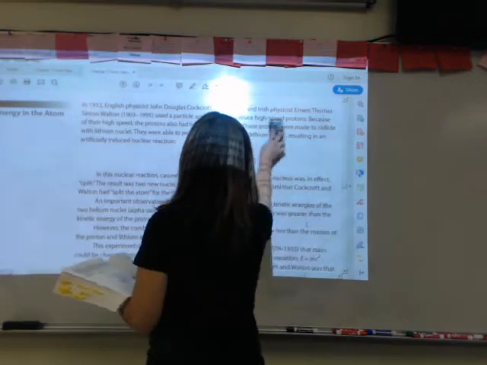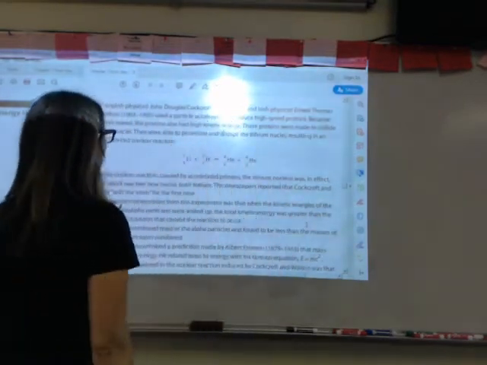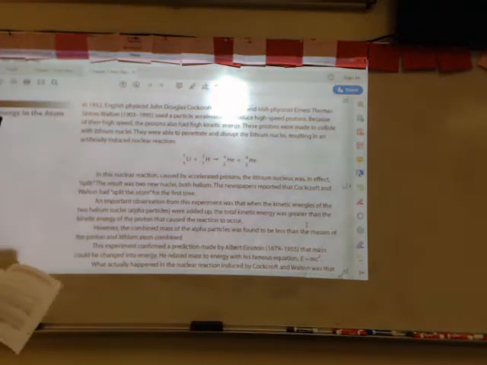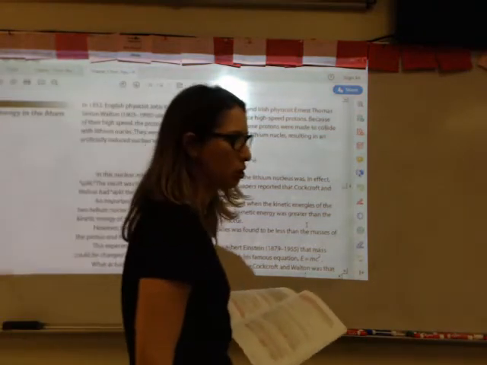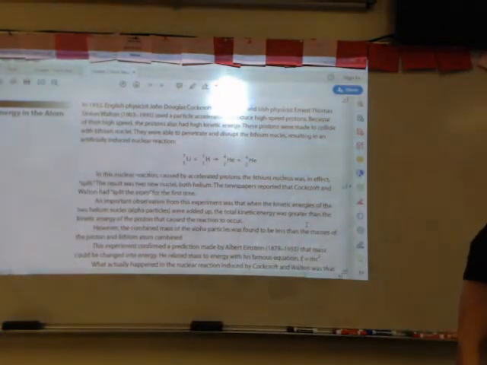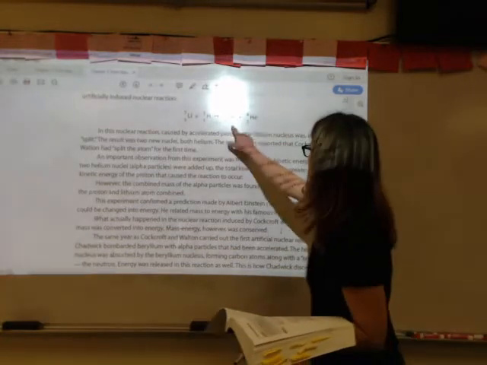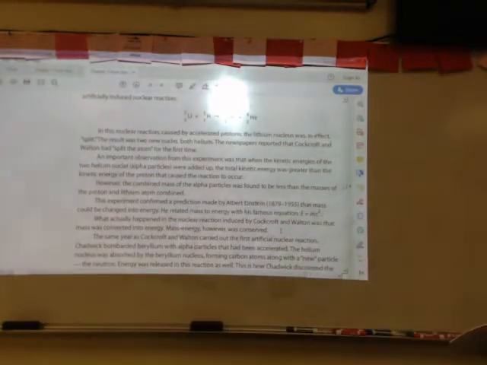Those protons collided with lithium nuclei, and they were able to penetrate and disrupt the lithium nuclei, which resulted in an artificially induced nuclear reaction. In this nuclear reaction, which was caused by accelerated protons, the lithium nucleus was split. The result was two nuclei, which were both helium. And the newspapers reported that Cockcroft and Walton had split the atom for the first time.